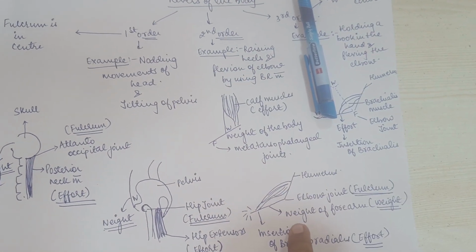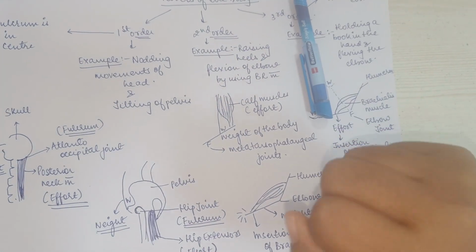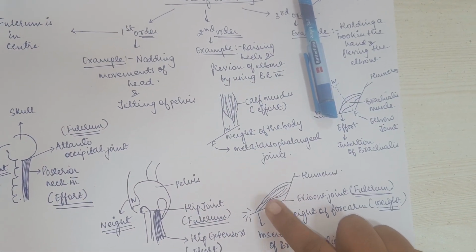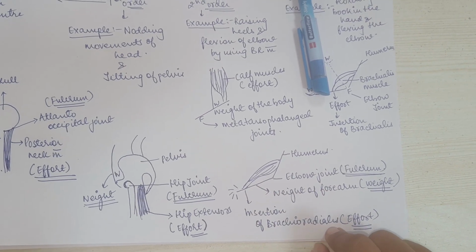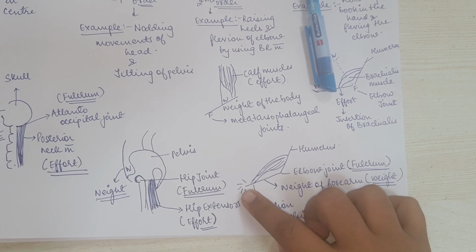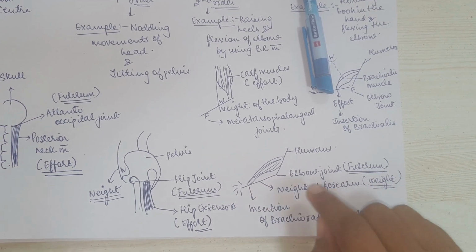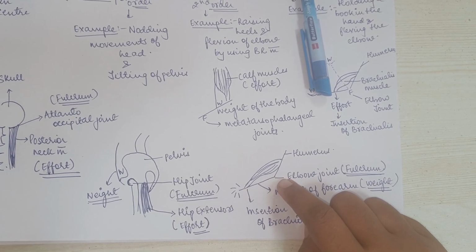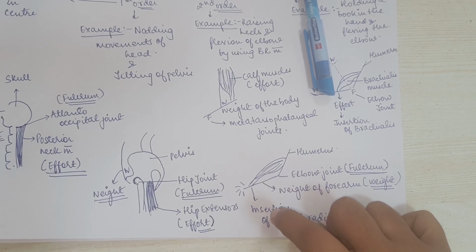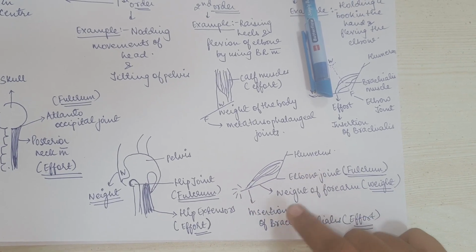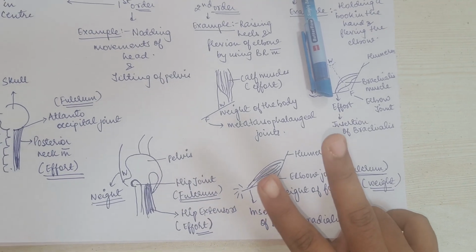So the second example is whenever you flex your elbow, the insertion of the brachioradialis muscle will be giving the effort. The weight of the forearm bone will become the weight and the elbow joint will become the fulcrum. So what happens in this case? The weight lies between the effort and the fulcrum. So again, this will be second order lever.